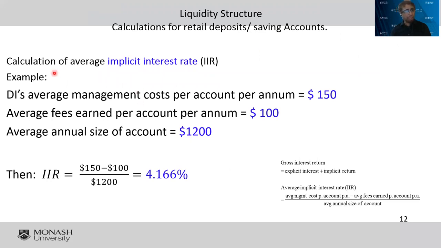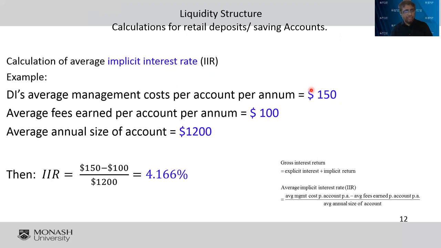See, the calculation of the implicit interest rate, for example, if you have a deposit, this is the cost to the customer. Deposit institution average management cost per account is, for example, 150. And the average fees per account per annum is 100. So you serve this, because when we go now on the ATM machine, it's a service.